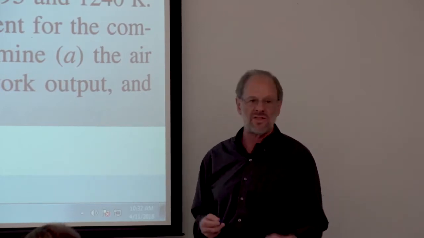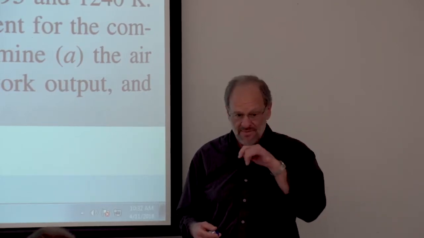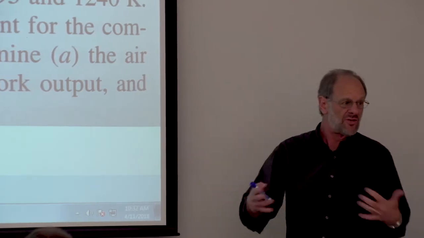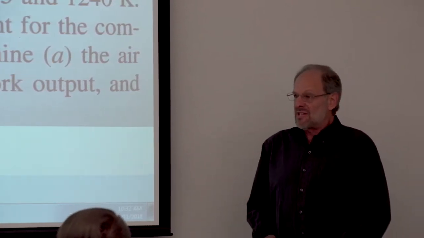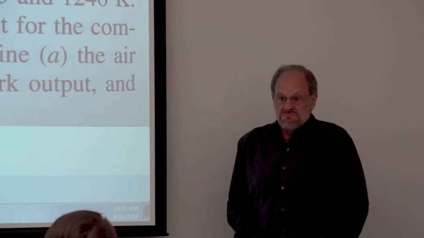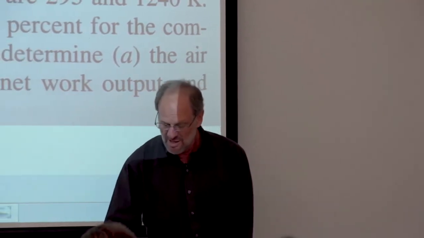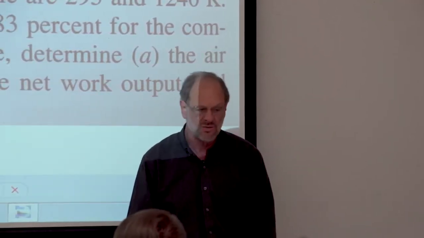Certainly variable specific heats is more accurate, and that's a method that you should understand how to utilize. On an exam situation, I'm not going to just give you the option of choosing whatever method you want. I will specifically ask you to use either variable or constant specific heats, but certainly variable specific heats is more important, and you definitely have to understand that method of solution.